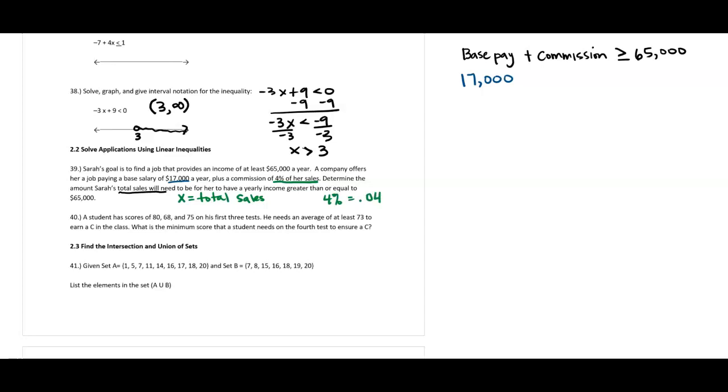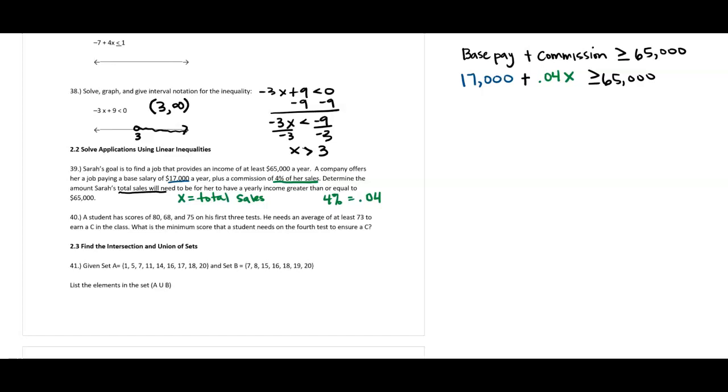Not 0.4, that would be 40%. So 0.04x. So the next part is saying, okay, then what are we going to add to it? Well, whatever her commission is, which is 4% of whatever she sells. And then we want these added together to be greater than or equal to 65,000.